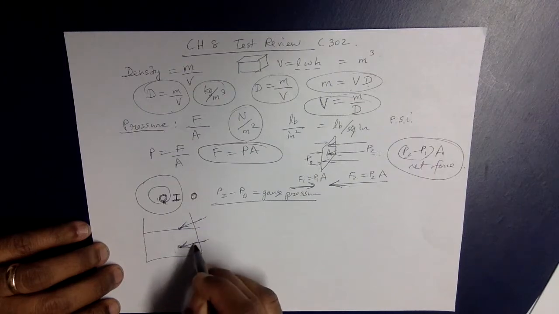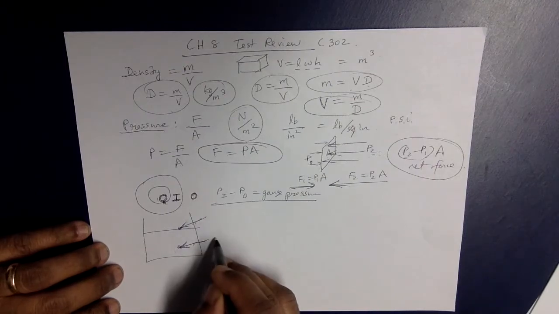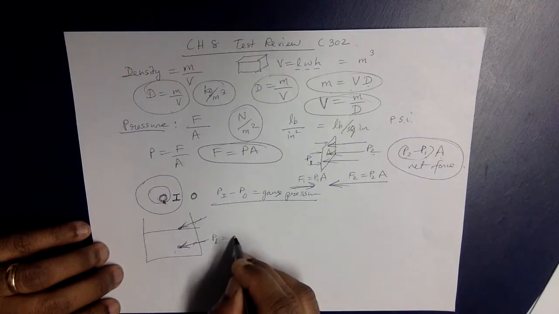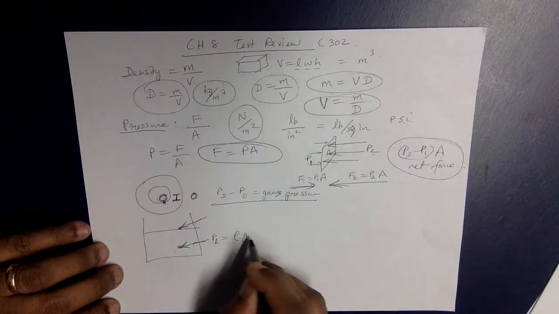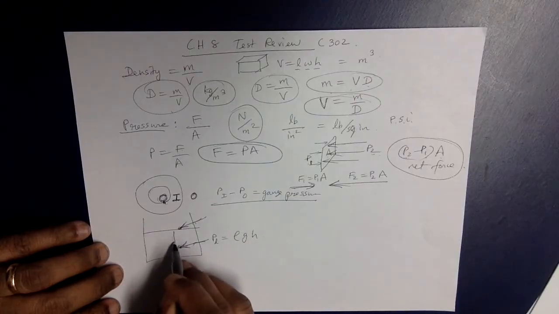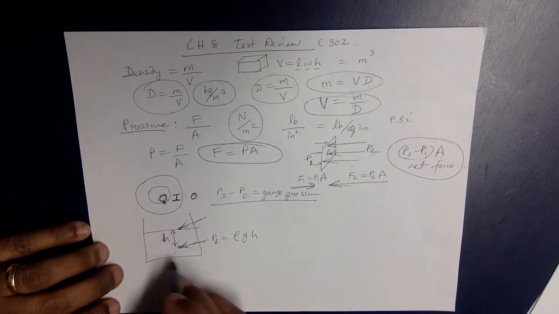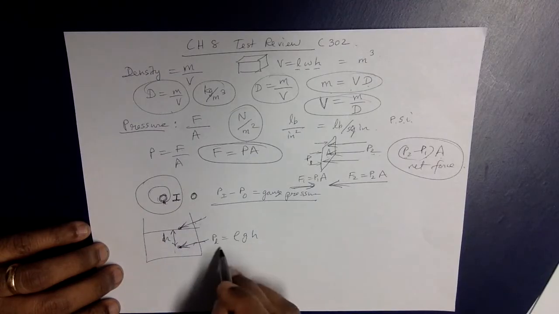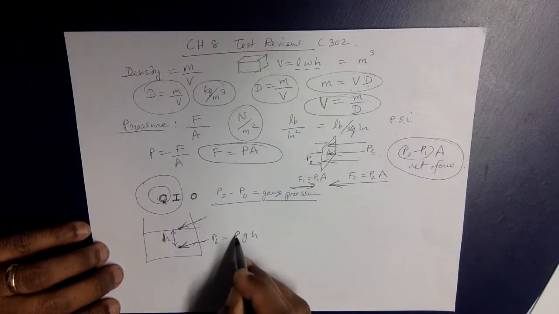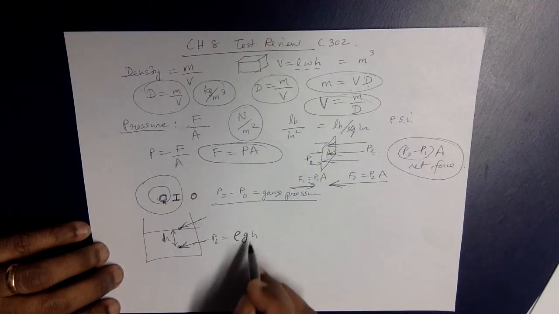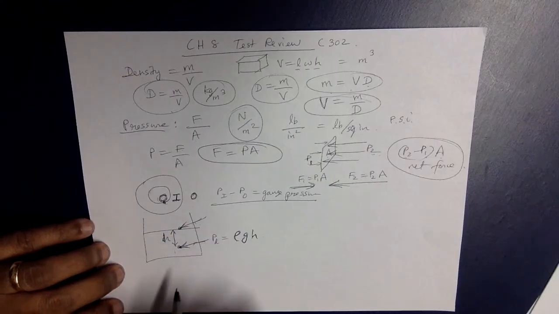The difference between this pressure and this pressure is a gauge pressure, which is the pressure of the liquid, which is density times the gravity times the height. So the height means the depth. So as you go deeper in a liquid, the pressure increases. And of course it depends on the density of the liquid also. It depends on gravity, it depends on the height.